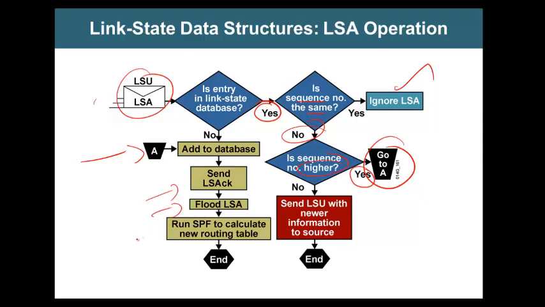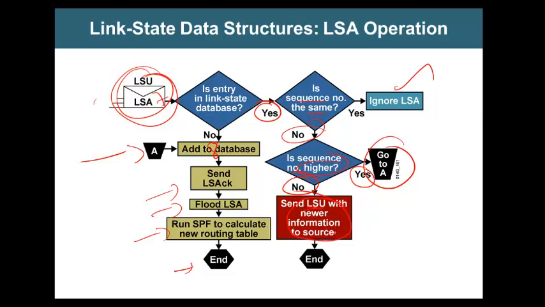So this is how the OSPF distribution of route information, the distribution of database, gets synchronized without any confusion, because they use sequence numbers. Sequence number helps them to have a unique database.